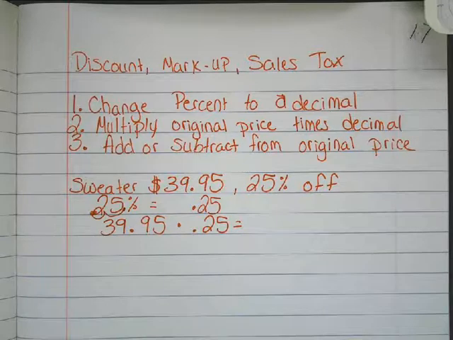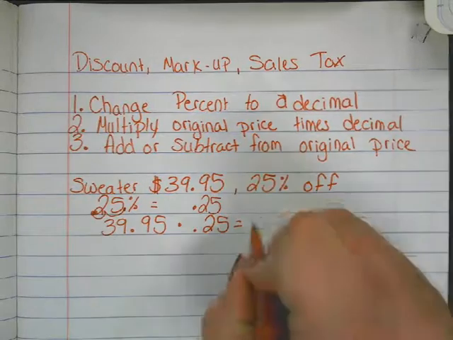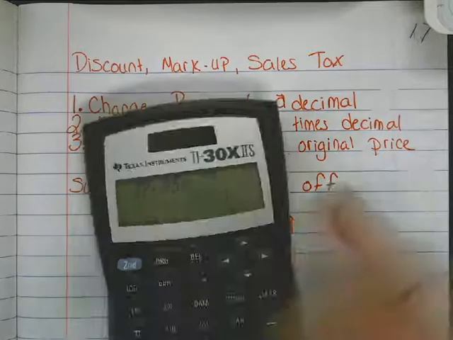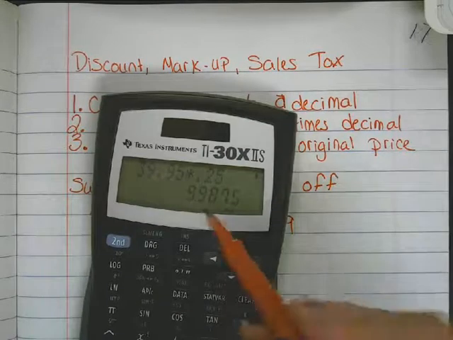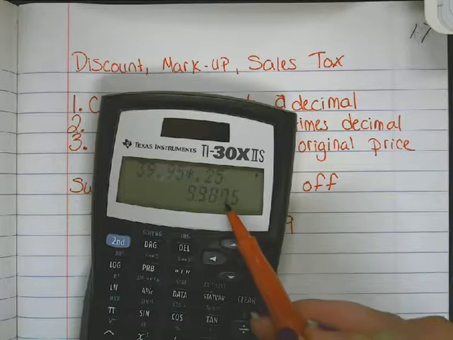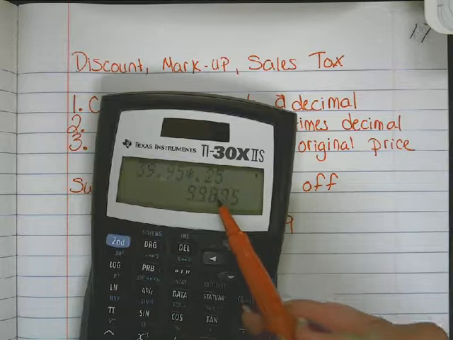So what's it going to be to the nearest cent? 9.98. So 9.99, because this 8 would be the number I'm looking at, and a 7 behind it, 5 or above, give it a shove, so I'd move that 8 up to a 9. That rhymes. So 9.99.